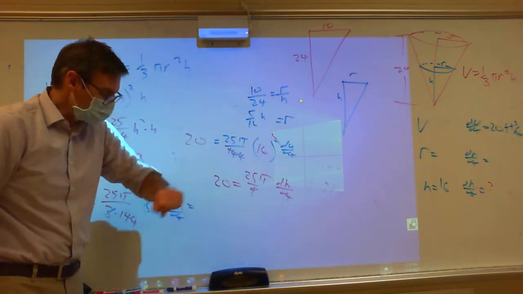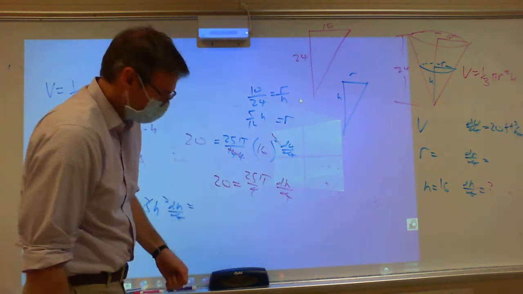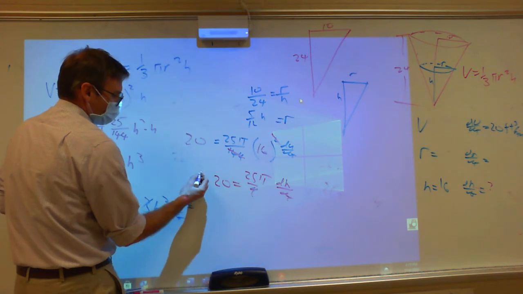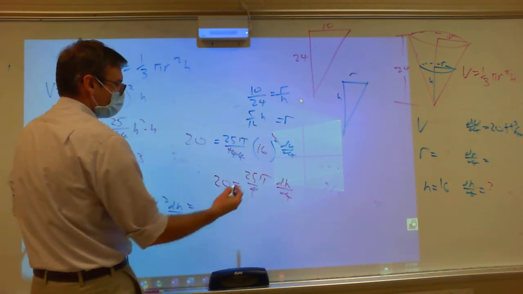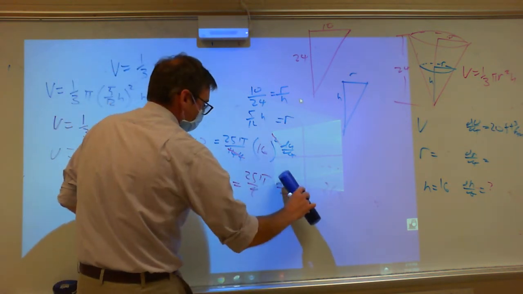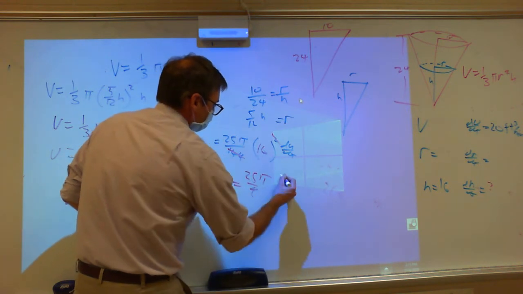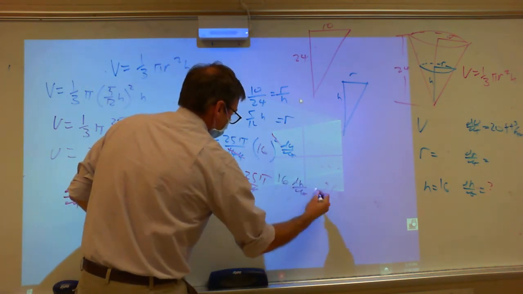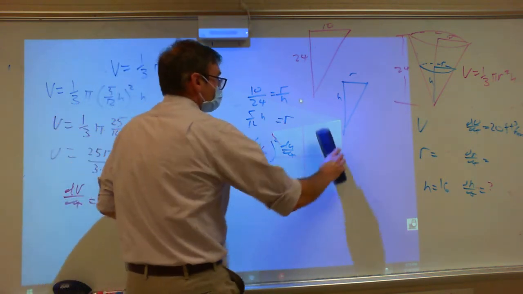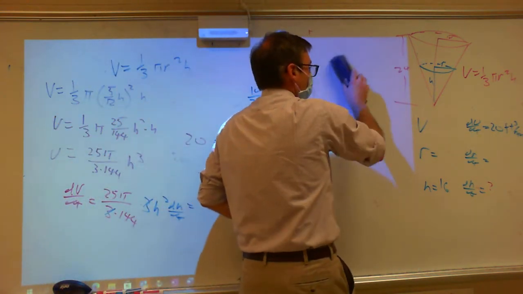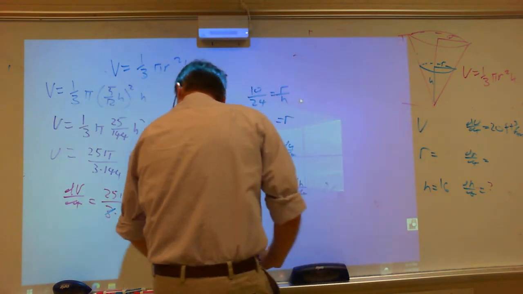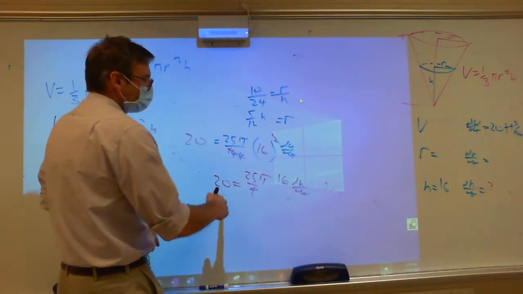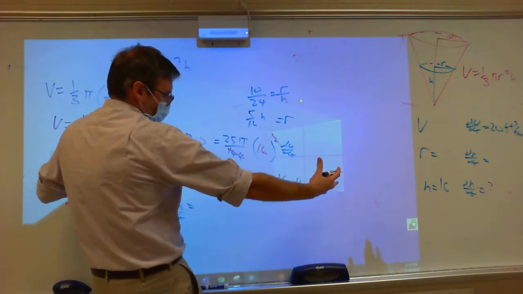And if I want to solve for dH/dt, I'm going to multiply both sides by, oh, there's another 16. I'm out of room. All right, so arithmetic.